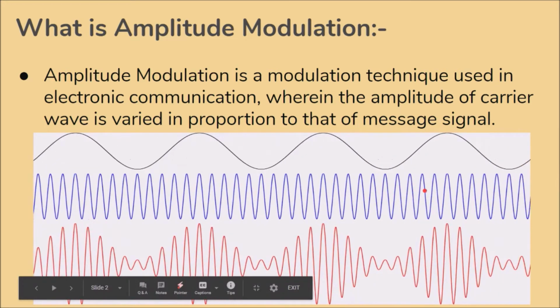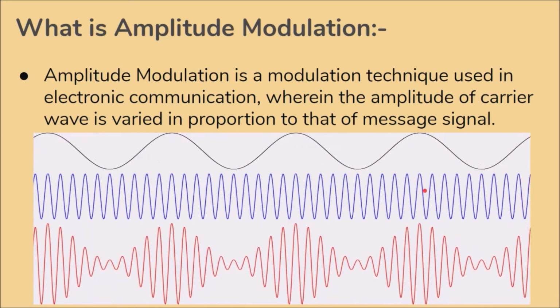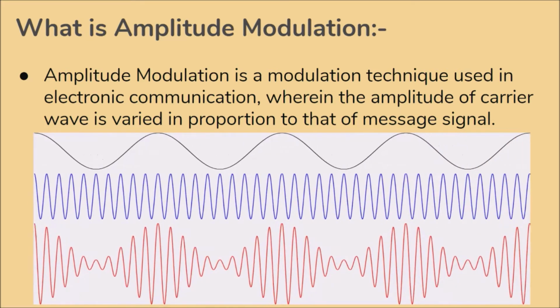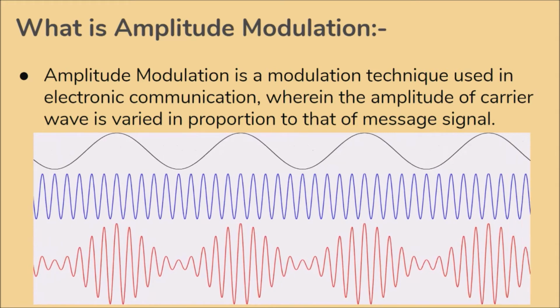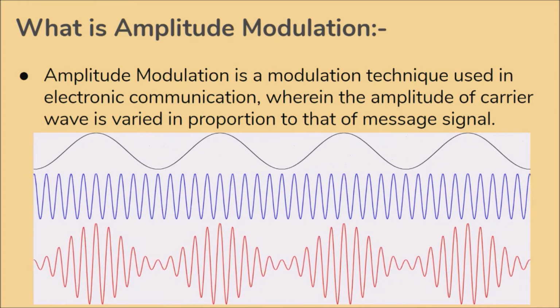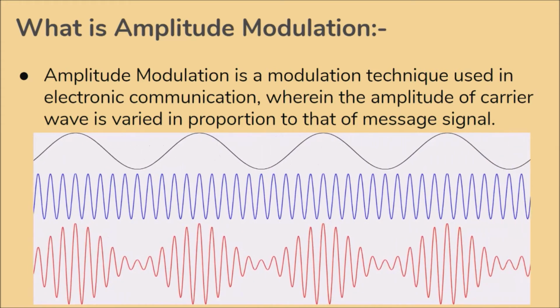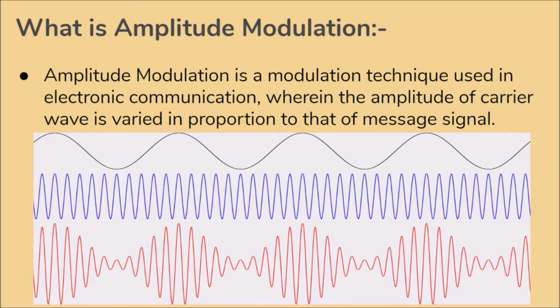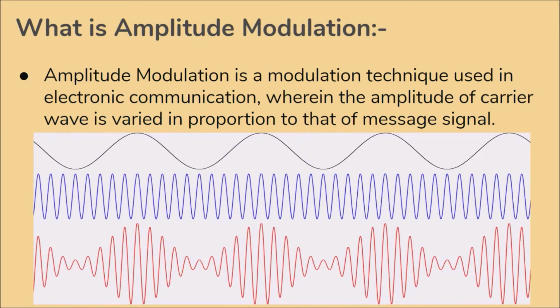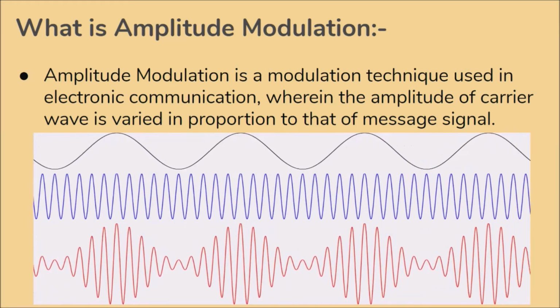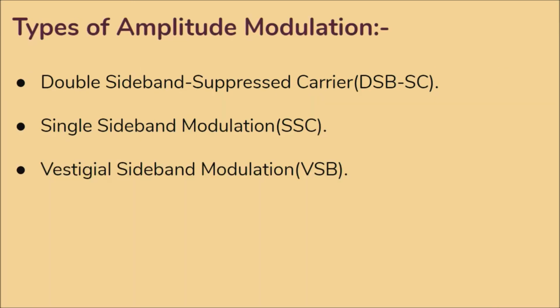The frequency of the red signal is equal to the frequency of the carrier wave, but the amplitude of the red wave is proportional to that of the message signal. So the amplitude of the carrier wave is modulated in proportion to that of the message signal, and that is what we call amplitude modulation.